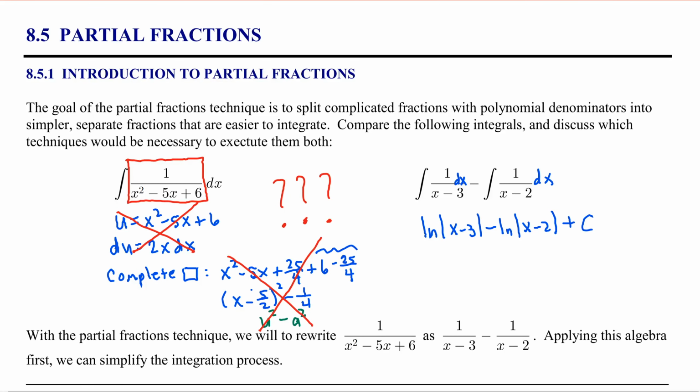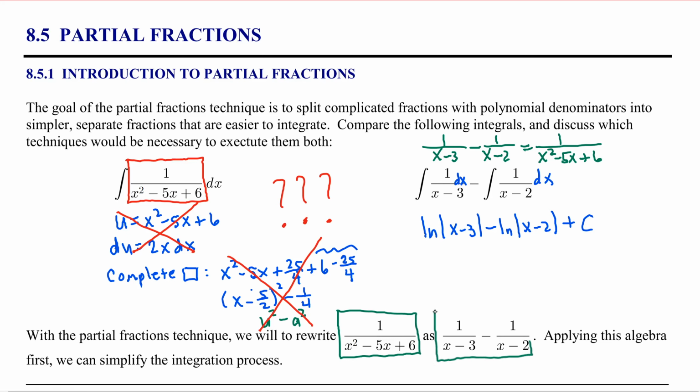Now, it just turns out that 1 over x minus 3 minus 1 over x minus 2 is 1 over x squared minus 5x plus 6. If we did the algebra, got a common denominator, we'd find out that those are equivalent. So with the partial fractions technique, we will learn to break this cohesive fraction down into two simpler fractions.